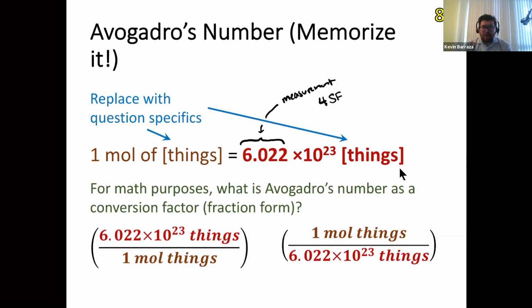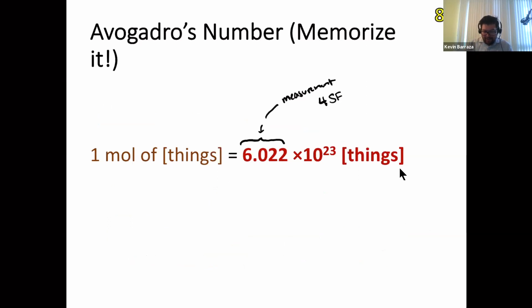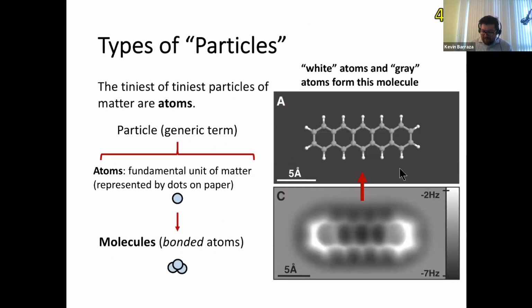Oh, a good question. So how accurately can scientists count one particle? Well, as you could see in a few slides ago, we've gone to the point where we can image a single particle. So we can count how many particles are in say a sample. One of the first ways that scientists actually confirmed Avogadro's number.